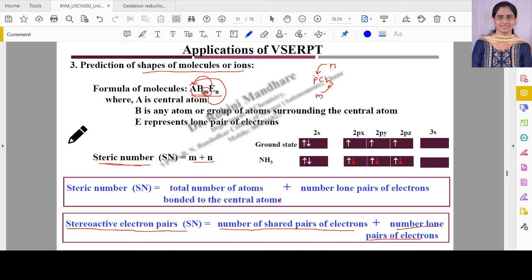Remember NH3. Though it looks like regular geometry, with 3 hydrogens and 1 nitrogen, there is a lone pair. PCl5 has no lone pair. All five chlorines are there. It obeys many properties of regular geometry, but remember, since it is trigonal bipyramidal, bond lengths are different and bond angles are different along equatorial and axial.